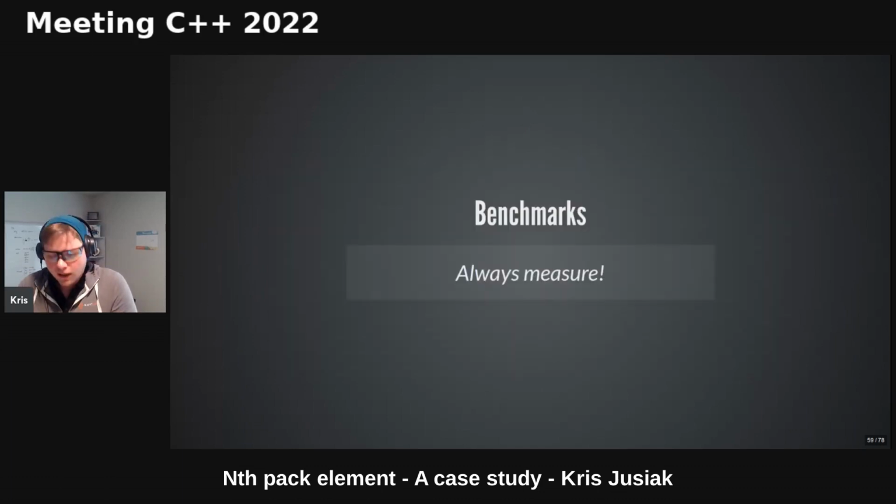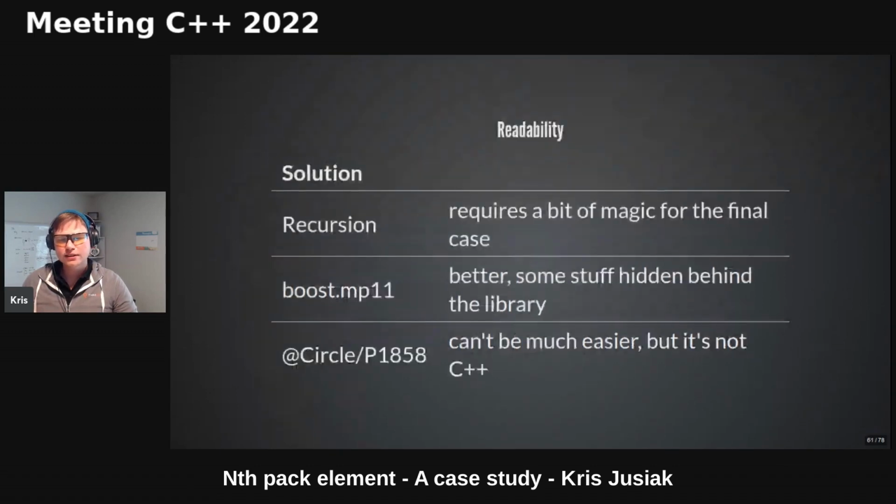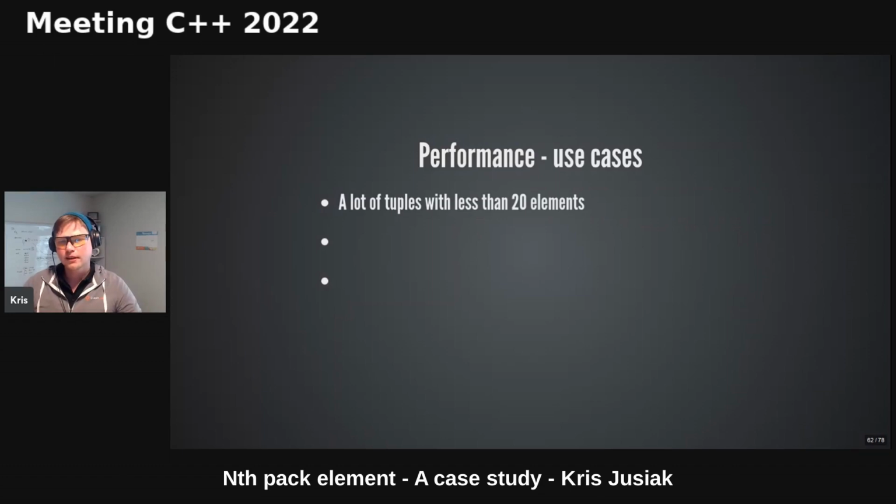Okay. Always measure. When it comes to benchmarks, intuition is never good enough, and always measure in a production-like environment because micro benchmarking might be misleading. On readability, all solutions have some sort of dark magic. I would say only Circle and P1858 are worth looking at from the readability perspective. For performance, we have different use cases. We either have a lot of tuples with less than 20 elements, or big tuples with hundreds of thousands of elements.